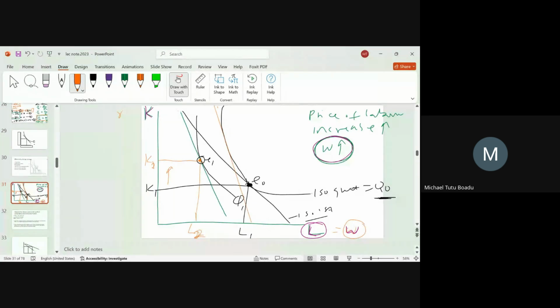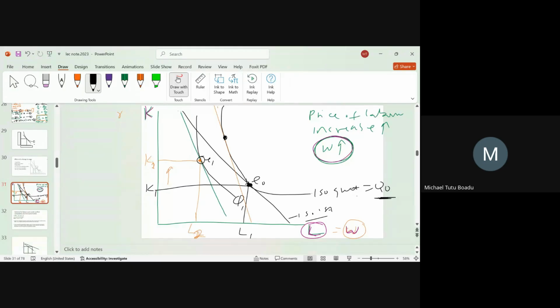So you draw a new budget line, or isocost. The reason why the new isocost should touch the old isoquant is because one of the properties of an isoquant is that points on the same isoquant indicate the same level of output.